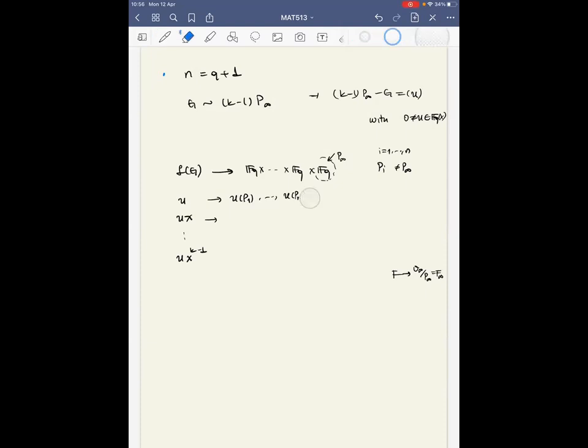Again, also let me write them as v_1 up to v_n, v_1 alpha_1, v_n alpha_n. And indeed, we want to determine how the last component behaves.